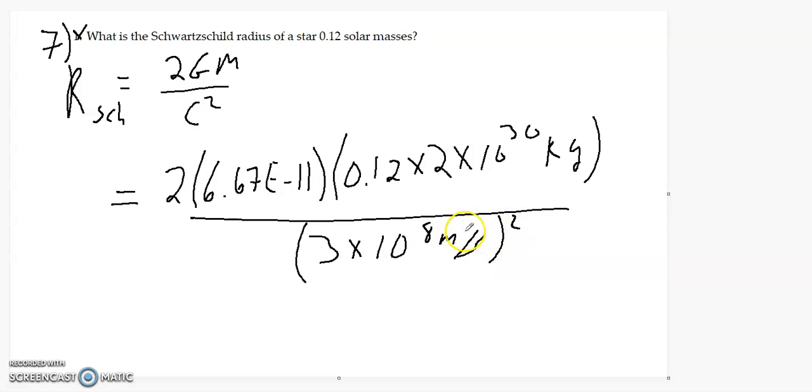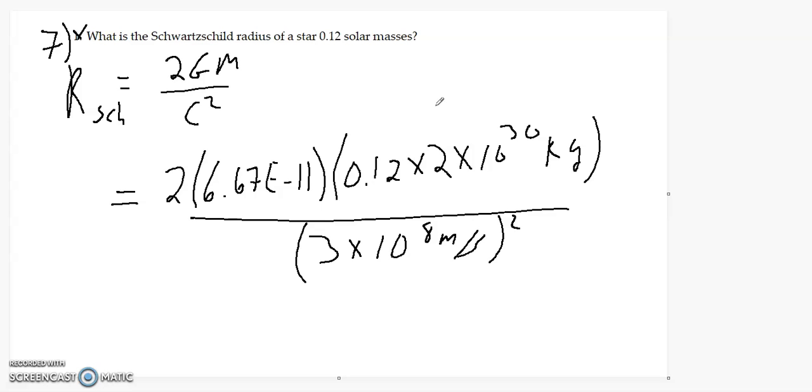Don't forget, you've got to square that. And of course, 2. So here it is, worked out: 2 times big G, and here's our mass, 0.12 times the mass of our sun, turns out to be 2.4 times 10 to the 29th, and then divided by the speed of light squared gives us a Schwarzschild radius of, remember, you can always calculate the Schwarzschild radius.